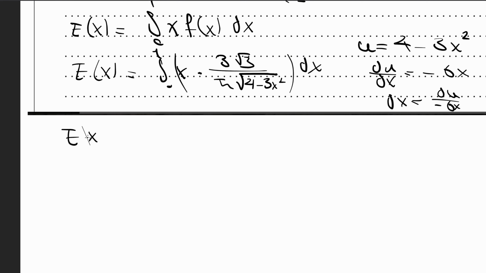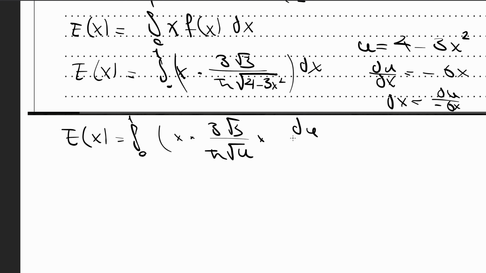So E of x will be the integral of x times 3 radical 3 over pi, radical u, times du over 6x. I'll just bring out the negative.